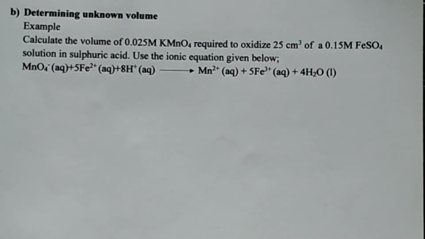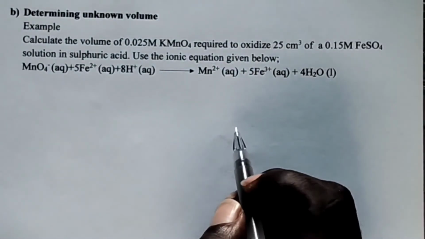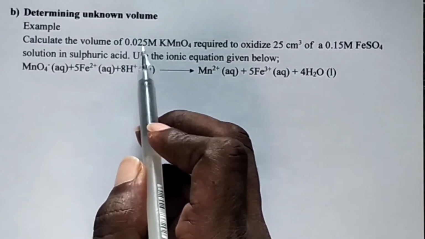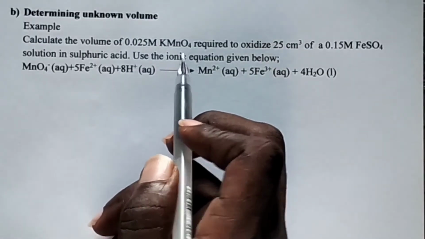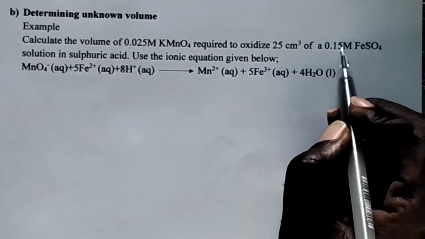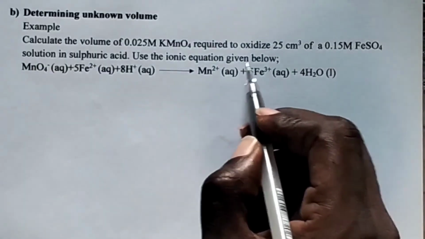So let's go to second aim of redox titration, which is determining the unknown volume. Example, we are asked to calculate the volume of 0.025 molar potassium manganese 7 required to oxidize 25 centimeter cube of a 0.15 molar iron 2 sulfate solution in sulfurous acid. Use the ionic equation given below.